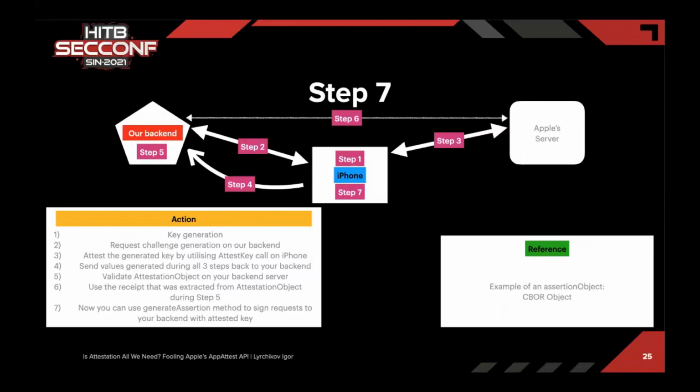If you successfully verify the attestation object on your server during step number 5, you can associate the key ID, which you got from step number 1, with the user's device for future reference. You need the key ID identifier to generate assertions. Or in other words, you need this key ID identifier to be able to sign requests going to your backend servers.